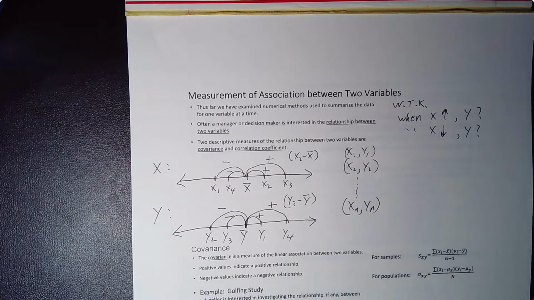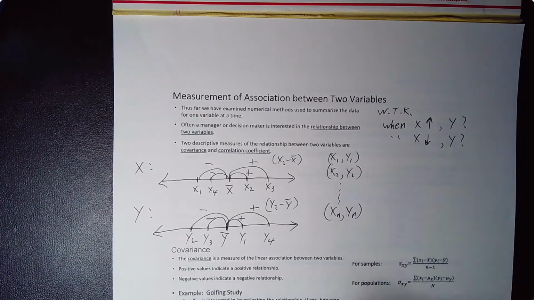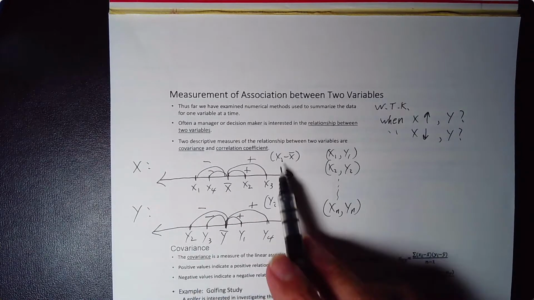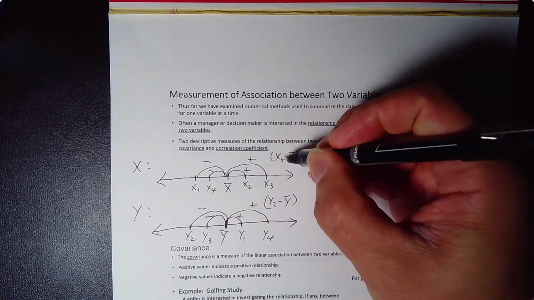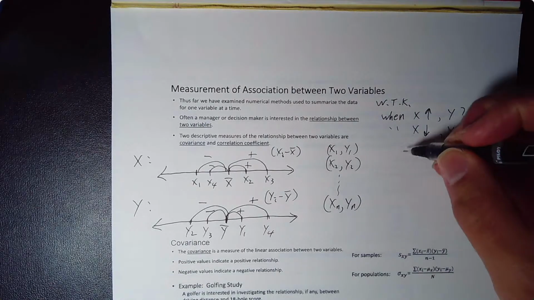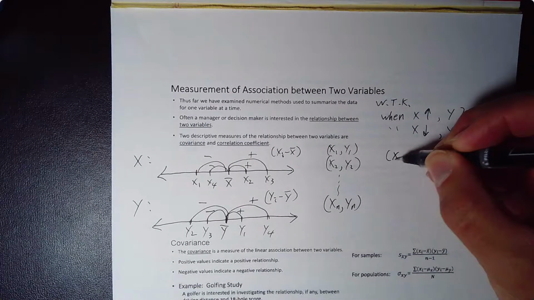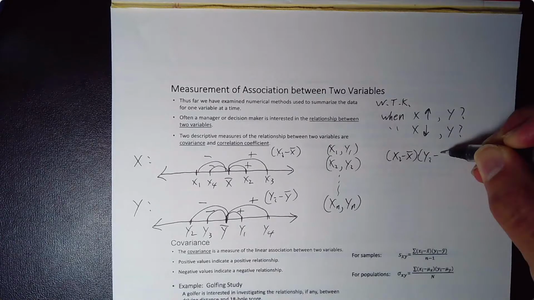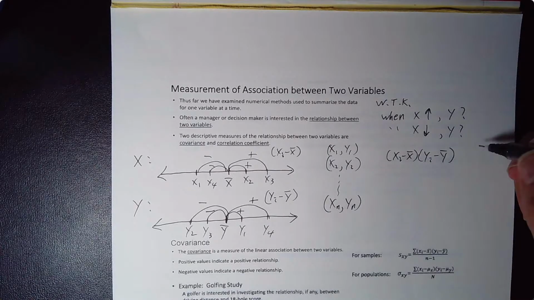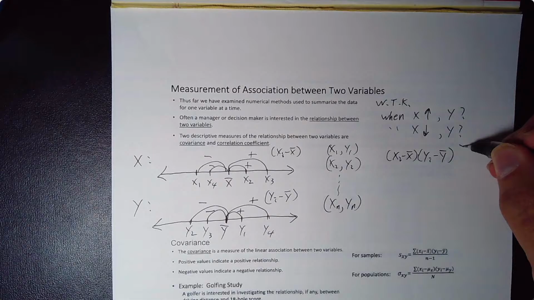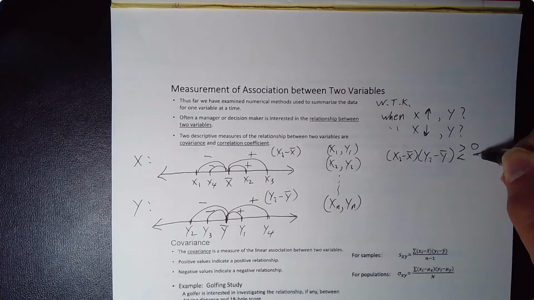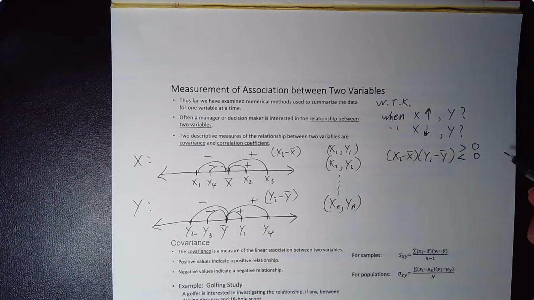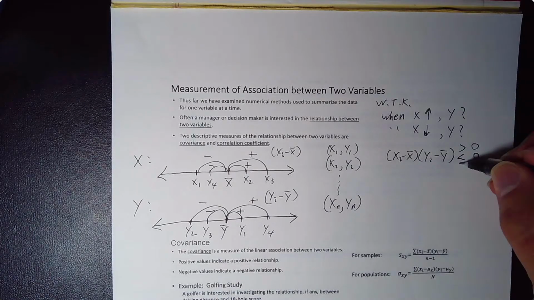Now, I can calculate that by multiplying the two. For every data point, if I multiply xi minus x bar times yi minus y bar, the result is either greater than 0 or less than 0, positive or negative, or at the very extreme, equals 0. But typically we don't deal with that.